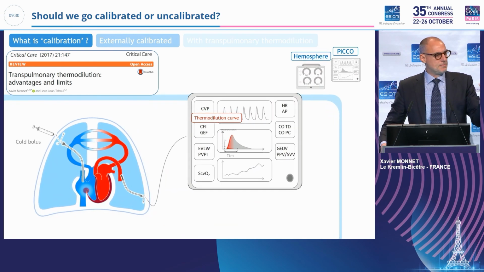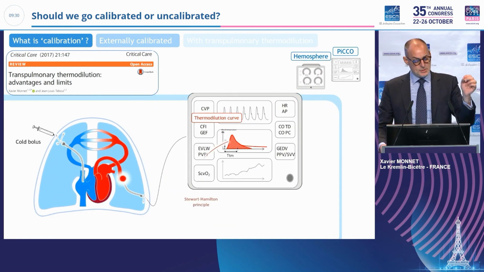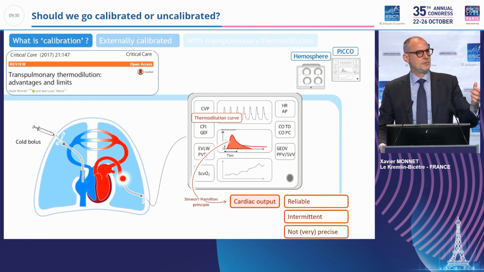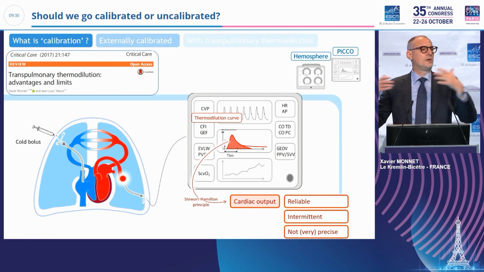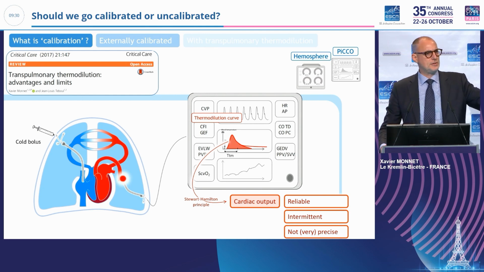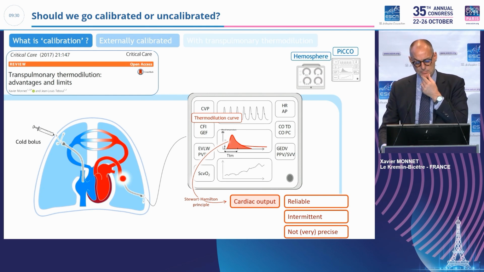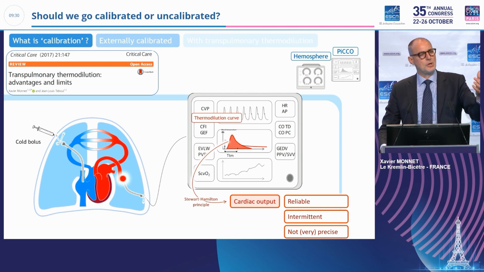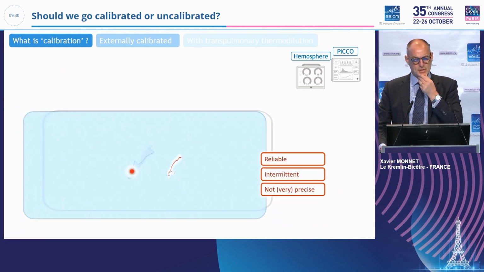These devices, it's important to understand that, estimate cardiac output in two different ways. First, with thermodilution. This is inherited from the old PA catheter. When you inject a cold bolus, analysis of the thermodilution curve provides you a cardiac output measurement which is very reliable, intermittent, and not very precise.